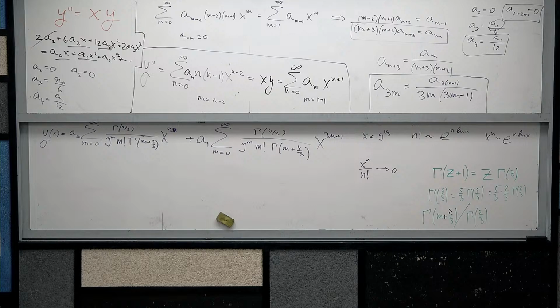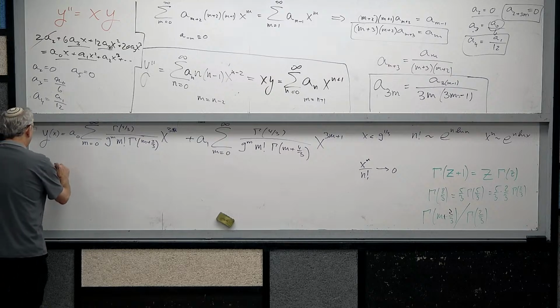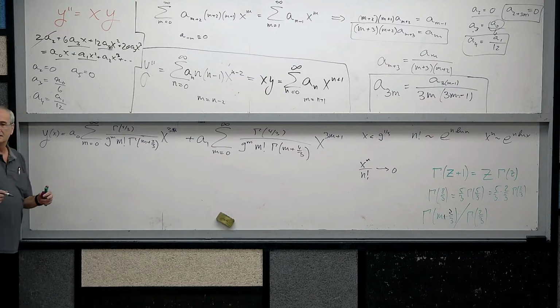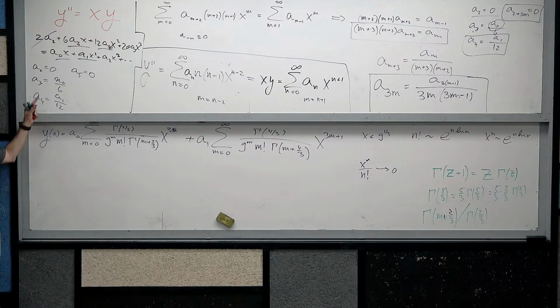I have only one comment here, which is to say that in the books, the two solutions of the Airy equation, I told you, are called Airy and Bailey, right?